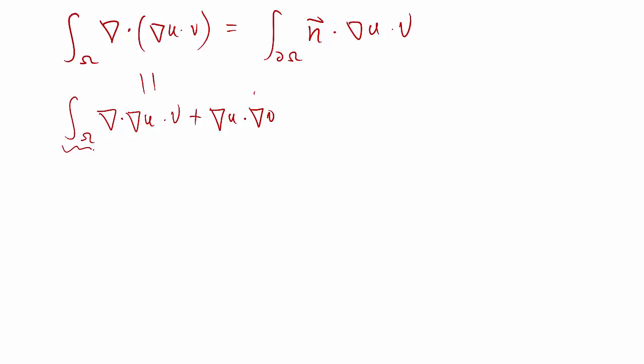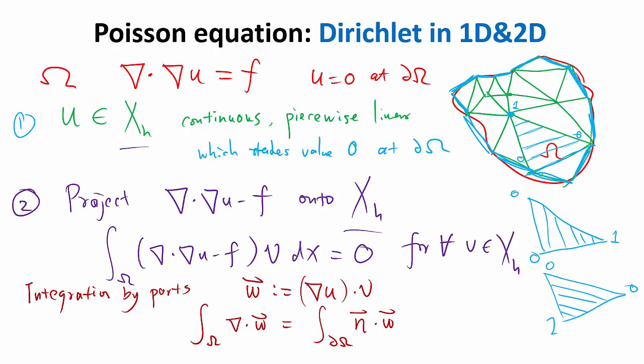And remember, this term is what we have in the Poisson's equation after the projection. We have this divergence of gradient of U times V, right?